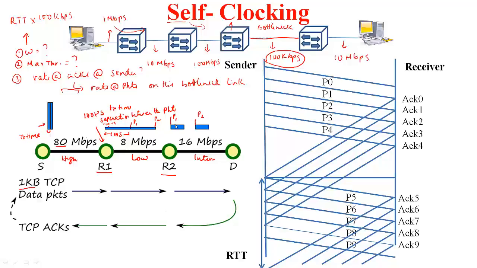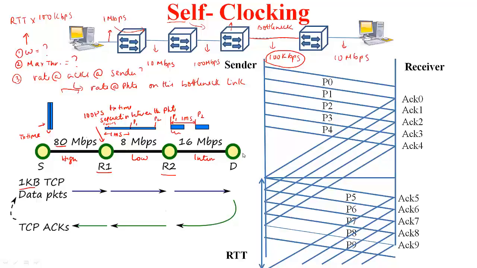This time corresponds to that 1 millisecond, which is the transmission time on this low bandwidth link. The transmission time of the first packet finished earlier than that. The link is idle, waiting for the second packet. As soon as the second packet comes, it begins transmission.